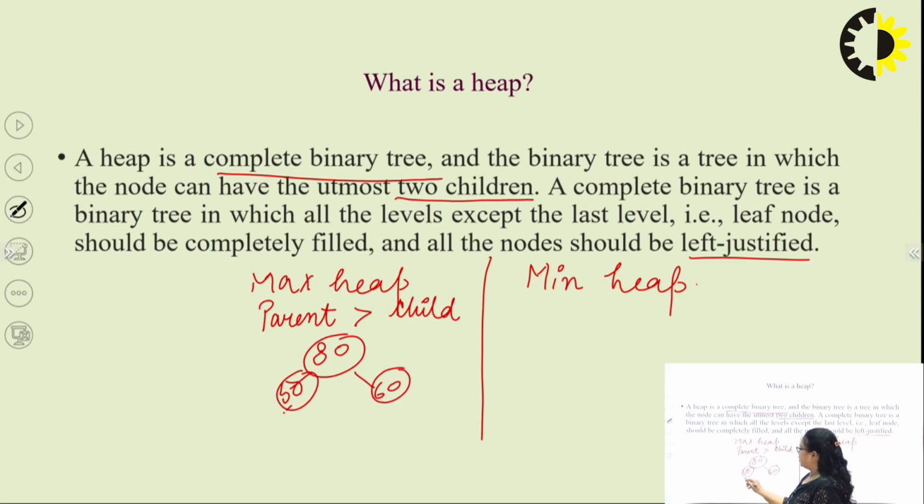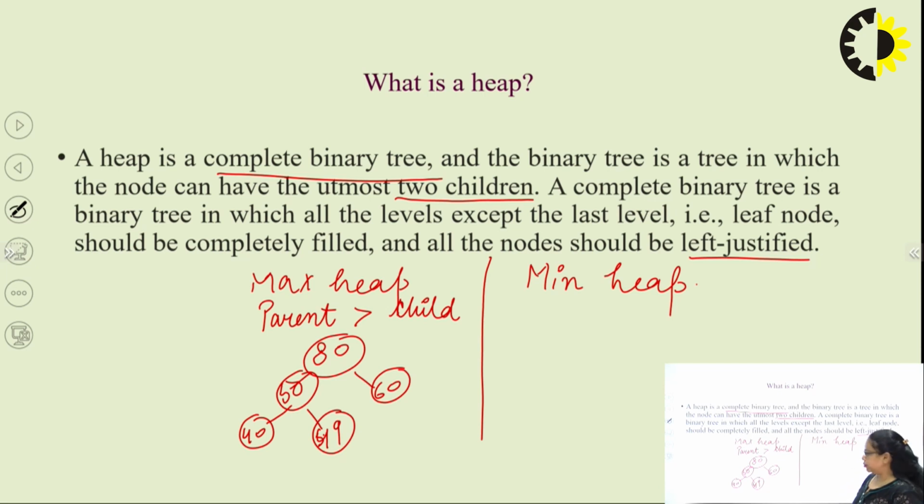Again, if 50 is a root node, then 40 and 49 can be the child nodes, because both are lesser than the root node. Similarly, if I'm talking about the children of 62, I can say 55 and 42. Both are lesser than the root above. This is the way you build a max heap.